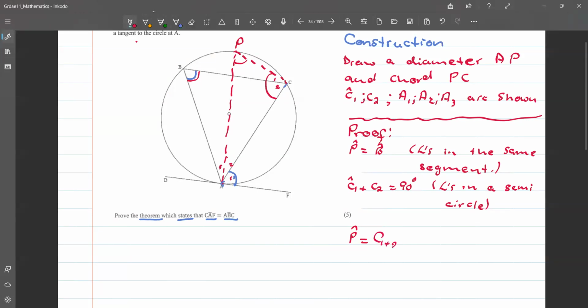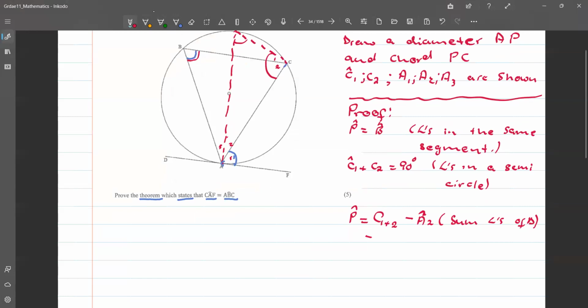C1 plus C2 minus angle A2. The reason being that these are the sum of the angles of a triangle. Well, you can tell that P is going to be 90 degrees minus A2. But what do you remember about P?